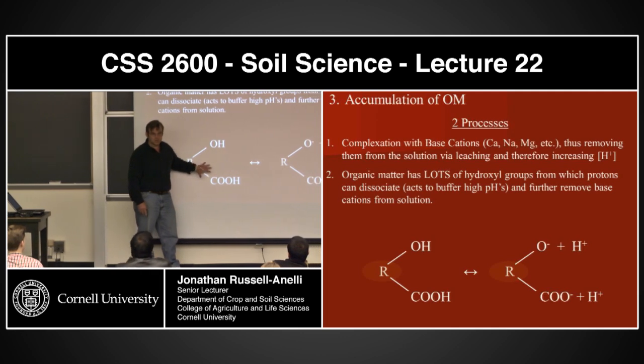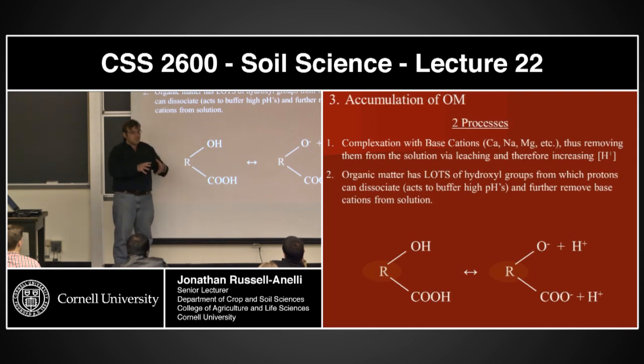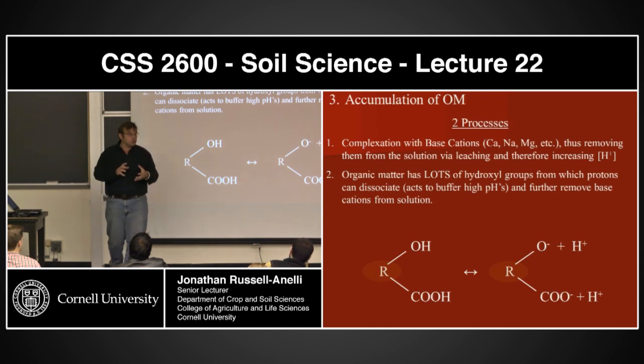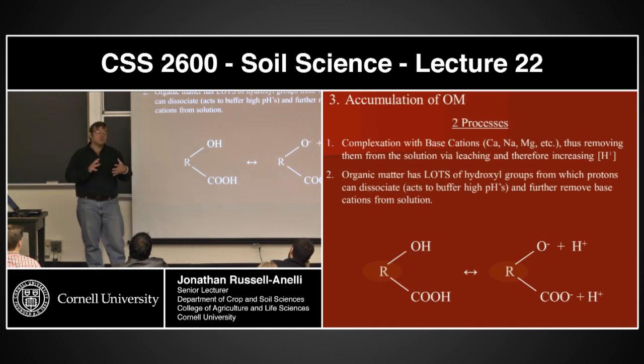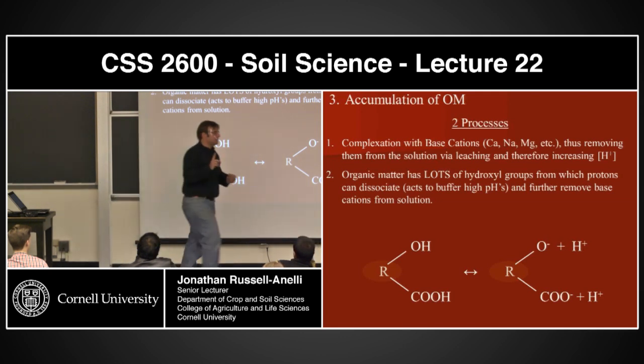And if it's a charged molecule, what is it going to be doing? It's going to be attracted to anions and cations. Now, if it happens to be attractive to cations, base cations, and it starts pulling bases out of the soil solution, what's going to happen to the relative concentration of protons in that solution? Okay, so think about this. Now, let me draw this on the board.